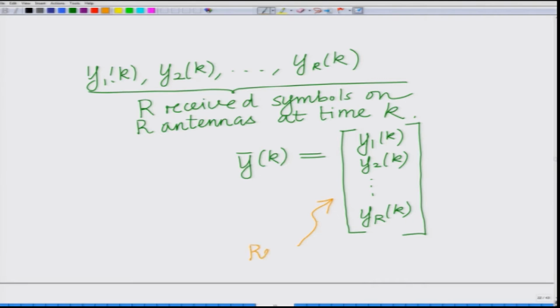This is the received vector, and this is r cross 1 dimensional. So, we have an x bar k which is the transmit vector which is m dimensional, and we have an r cross 1 vector y bar k which is r dimensional, which is the received vector.